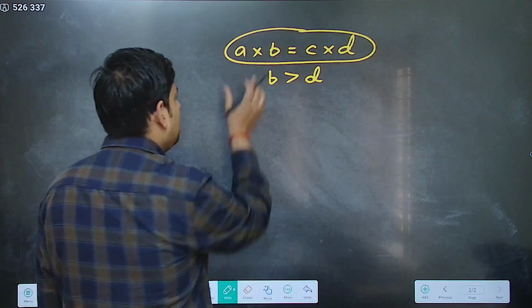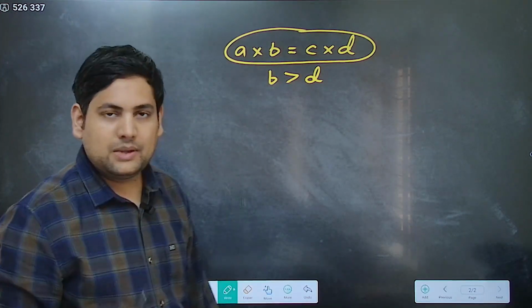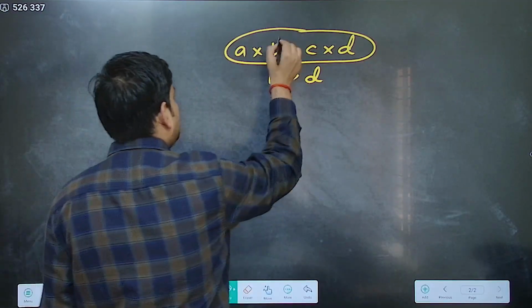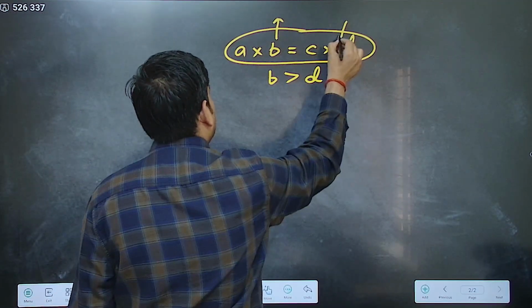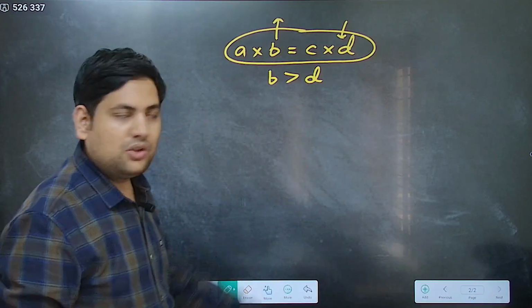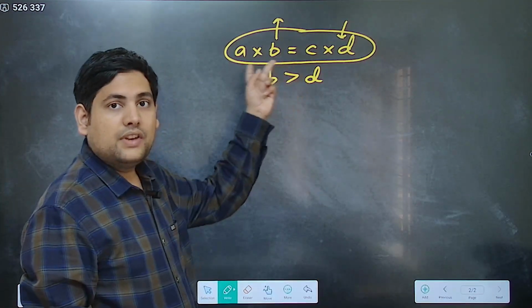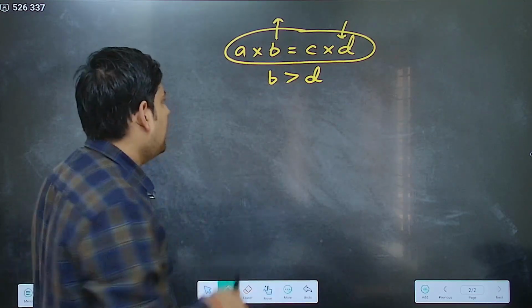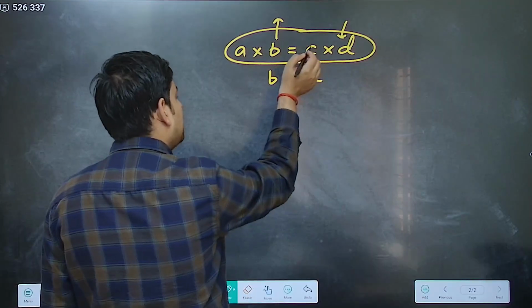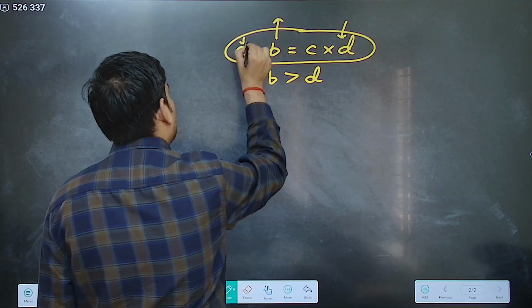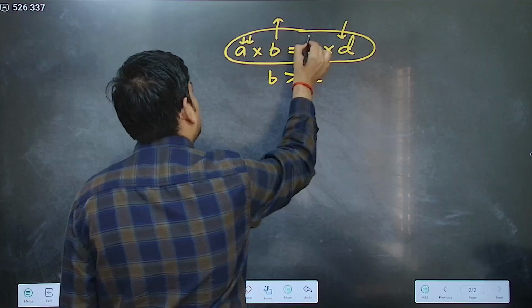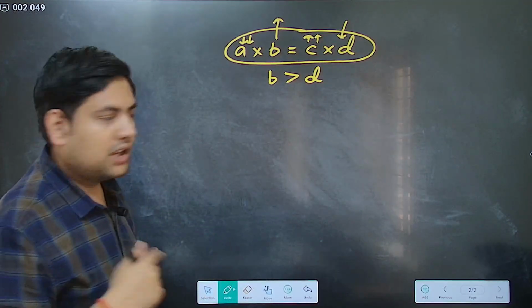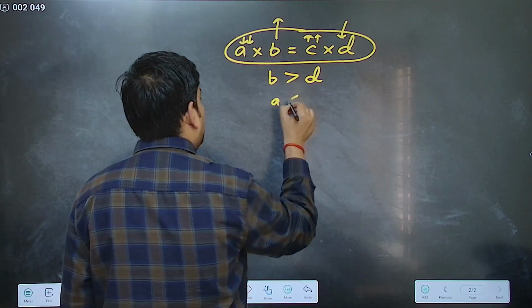Now A and B when multiplied is equal to C and D. That means B is bigger, D is smaller, but the value of them is equal, correct? So eventually after being multiplied by A and C, it should become equal. That is why when I will compare A and C, what I will get? That A is smaller and C is larger, correct? Then only their product can be equal. So you get A is less than C.